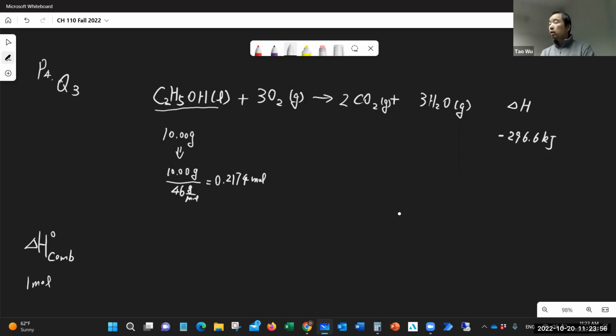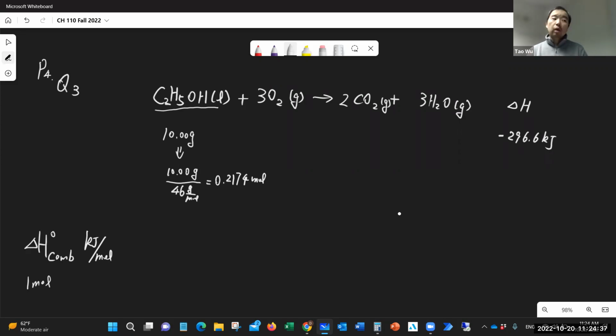Generally it talks about combustion reactions, and a combustion reaction always has a hydrocarbon reacting with oxygen to produce CO2 and water. So here we're talking about if we have 1 mole of this substance reacting with oxygen, how much heat it can produce. This is by definition, and that is why the unit is kilojoules per mole. 1 mole of this substance got combusted, how much heat can it produce.